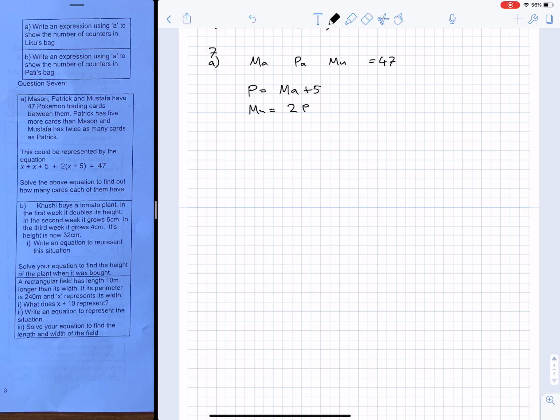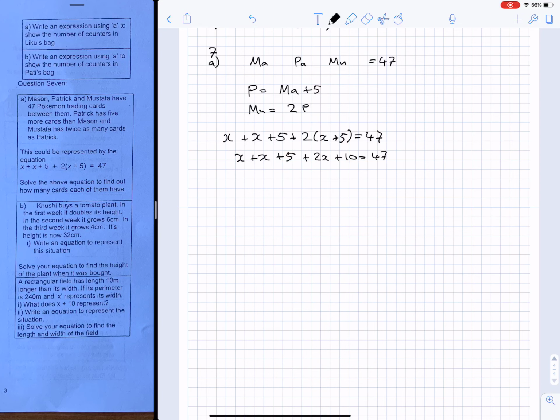So to solve the equation, x plus x plus 5 plus 2 times x plus 5 equals 47. Expand it out first: x plus x plus 5 plus 2x plus 10, which equals 47.